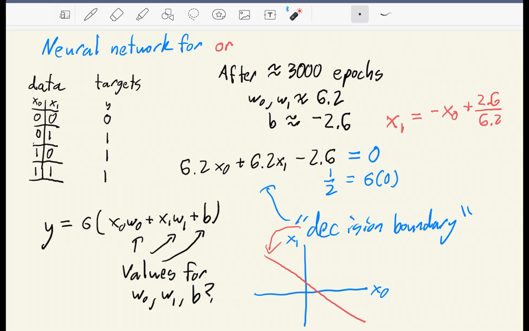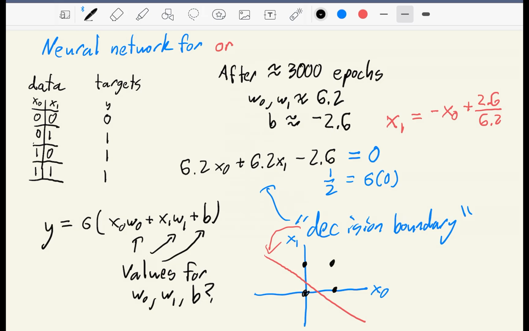This 0, 0 data point, or this 0, 1 data point. What do those look like on this picture? So the 0, 0 data point is there. The 0, 1 data point is something like that. And the 1, 1 data point is in that upper right-hand corner.